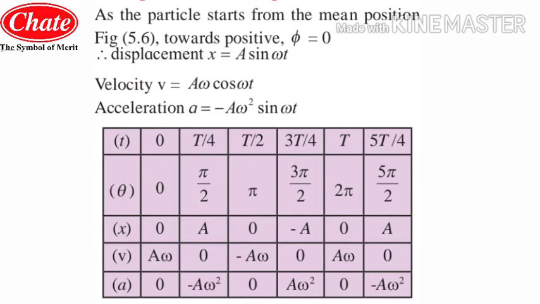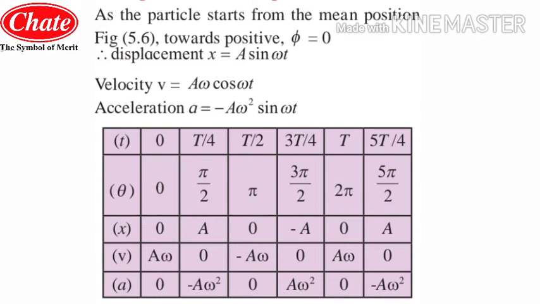The third value is at theta equal to pi, that is 180 degree. As we know sine 180 is 0, so the displacement will be 0. The fourth angle is 3 pi by 2. When we put it into the displacement equation, we get a negative sign, so we get minus a. Likewise we will calculate the values for 2 pi and 5 pi by 2.